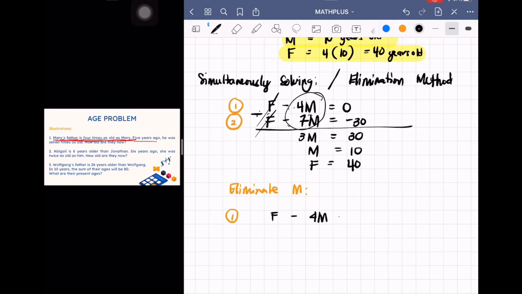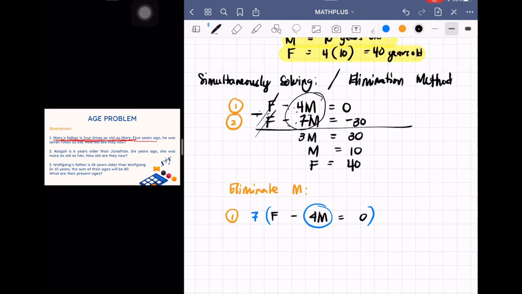By multiplying them by a factor that will result to their least common multiple. So the least common multiple of 7 and 4 is actually 28. Diba? 7, 14, 21, 28, which is divisible by 4. So, I will multiply the whole equation by 7 just so I can make this one 28.